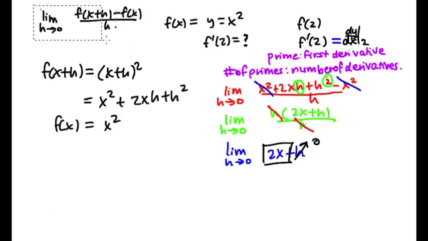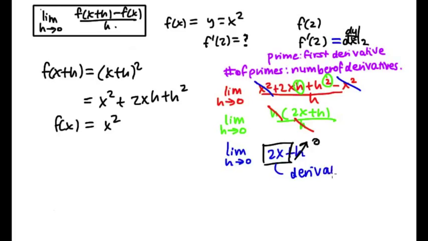This is the instantaneous rate of change, aka the derivative, right? So this 2x is actually our derivative of x squared. That's really cool. We just used algebraic manipulation to do the derivative of x squared the long way.